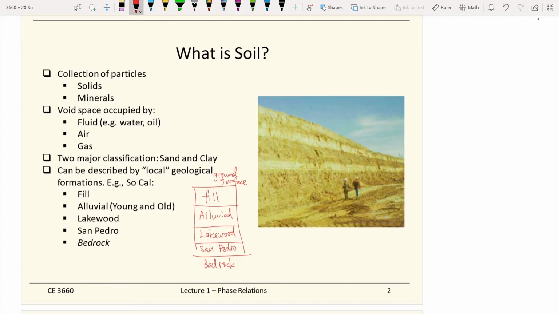Right on top of the bedrock, the San Pedro formation is the oldest formation, and its behavior and strength are very much like rock-type materials. The higher up you go, the weaker the soil could be. So that is the overall picture of what geotechnical engineers deal with. We are a branch of engineers that work very closely with geologists.